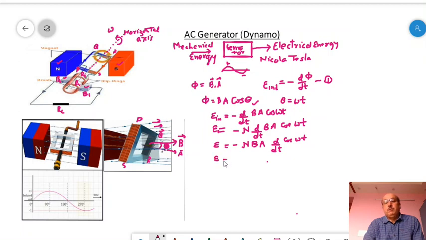Or E is equal to minus n BA, and the differentiation of cos omega t is minus omega sine omega t, or E is equal to n B A omega sine omega t.